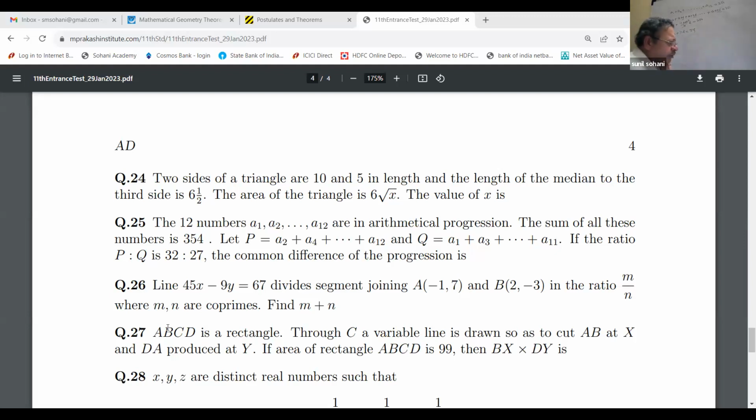Now let us look at the two more statements. We have to get the sum of P's and Q's. Okay. P is starting with A2. A2 is A plus D. Okay. So here A plus D, then we'll add A plus 3D, which is alternate, A plus 5D.